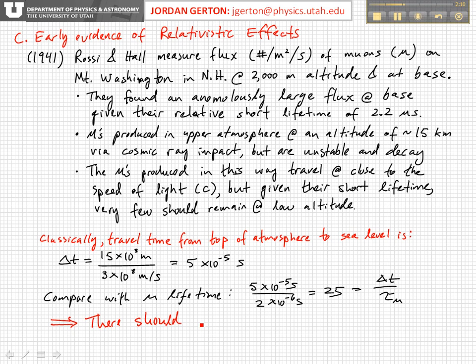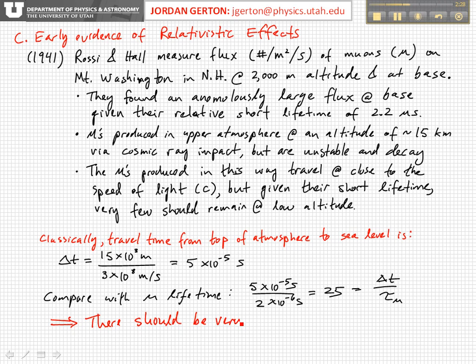So particularly if you make a differential measurement, you measure the flux high up and then you measure the flux very low down, and you take the ratio of those two things, the ratio of the flux at sea level to the flux at high altitude should be very, very small.